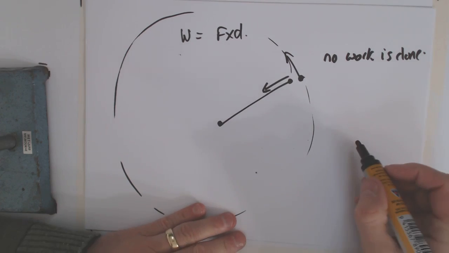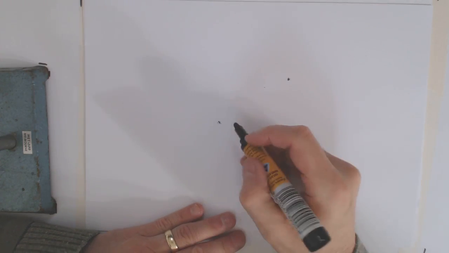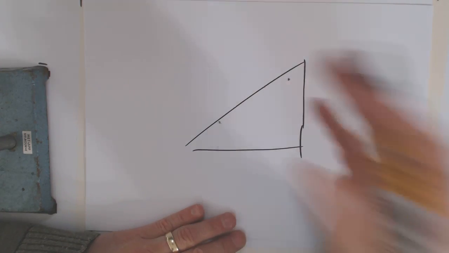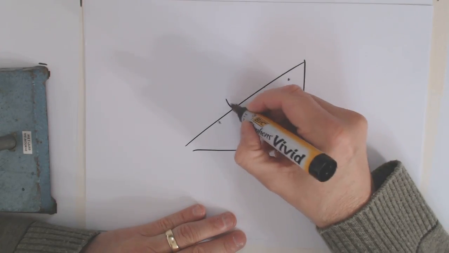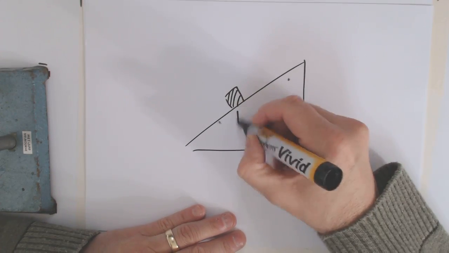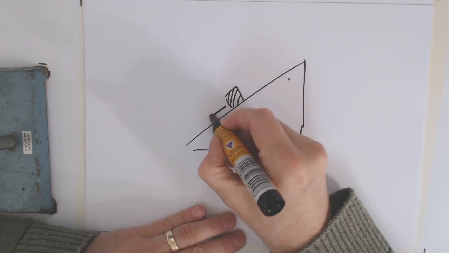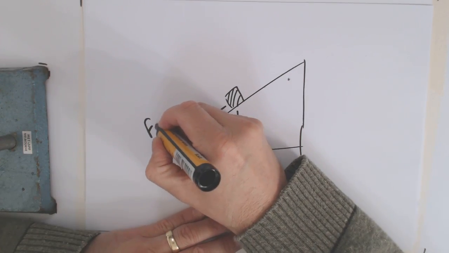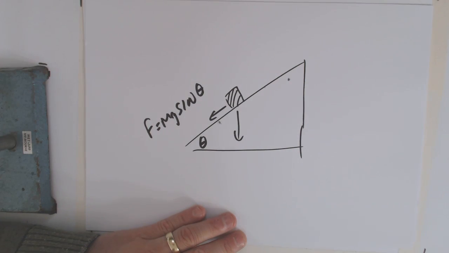A lot of other problems you can use for this. I think it's really quite interesting. We could use it with an object going up a ramp. We can work out the forces here, right? We've done it with our vectors. So if we've got a box of something on there, we can split that into its vectors and we work out pretty quickly that the force of gravity that way is equal to mg sine theta, if that's theta, right?